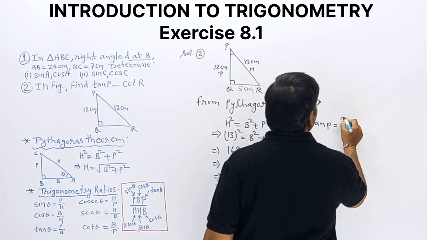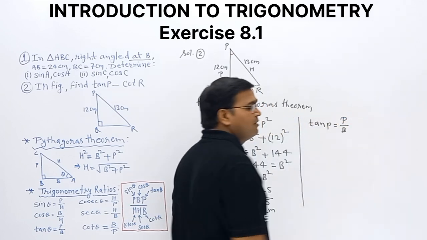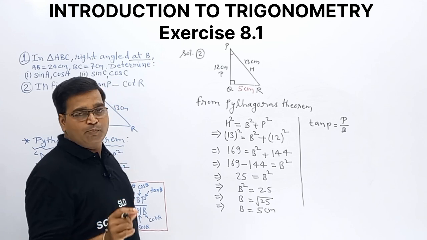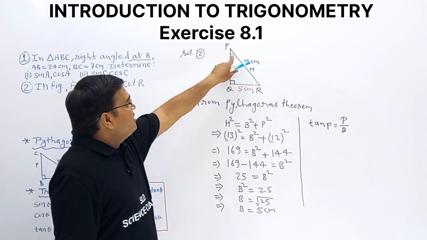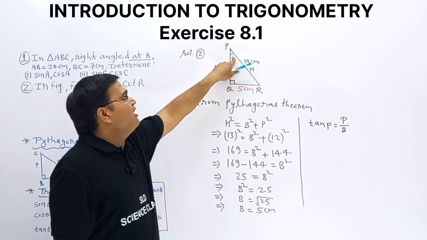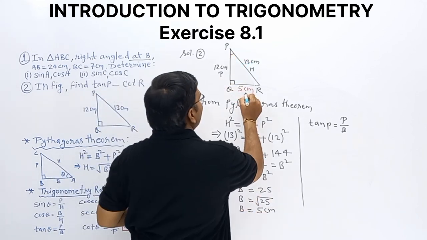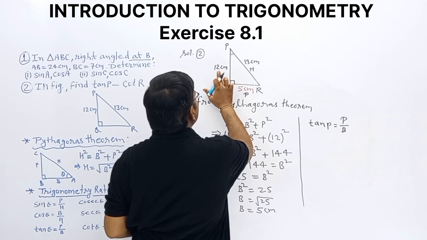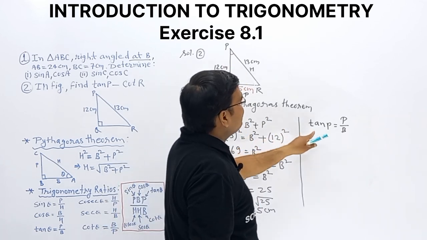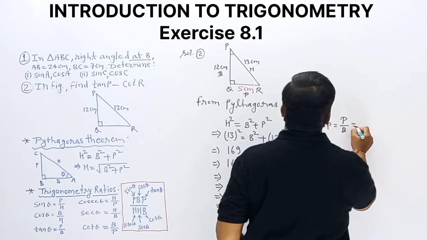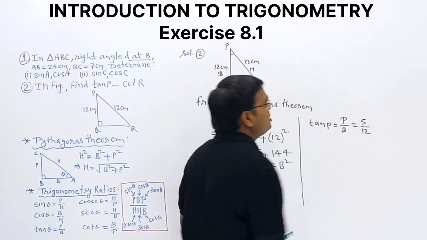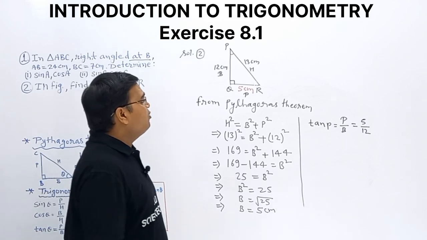Tangent theta is perpendicular upon base. This is the angle of reference we are taking. Its opposite side will be the perpendicular and its adjacent side will be the base. So tangent P is 5 upon 12. This is tangent P. Now cot R.